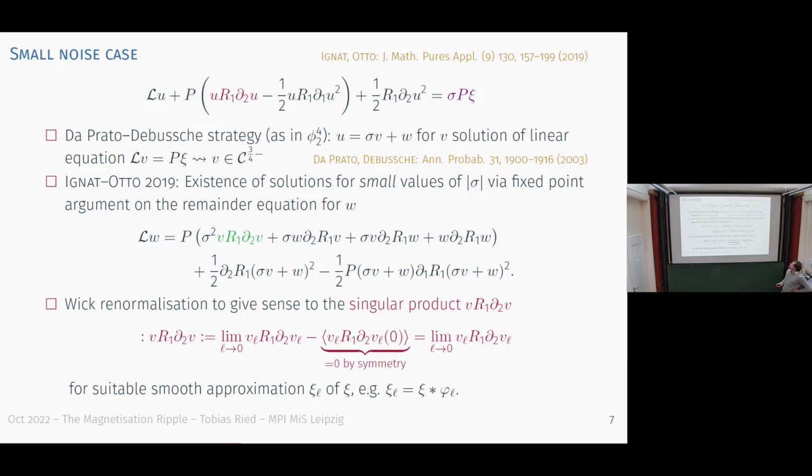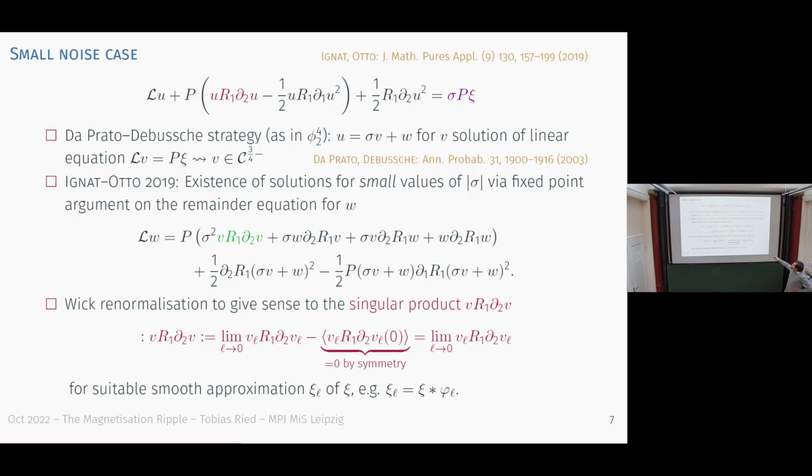So this product is ill-defined, but by a renormalization, which is to take your noise, smooth it, say by a convolution with a smooth kernel phi L, and then look at the product and subtract a divergent term, which by symmetry actually turns out to be 0, one can define, at least in a stochastic sense, this ill-defined product in the limit when the regularization parameter goes to 0.